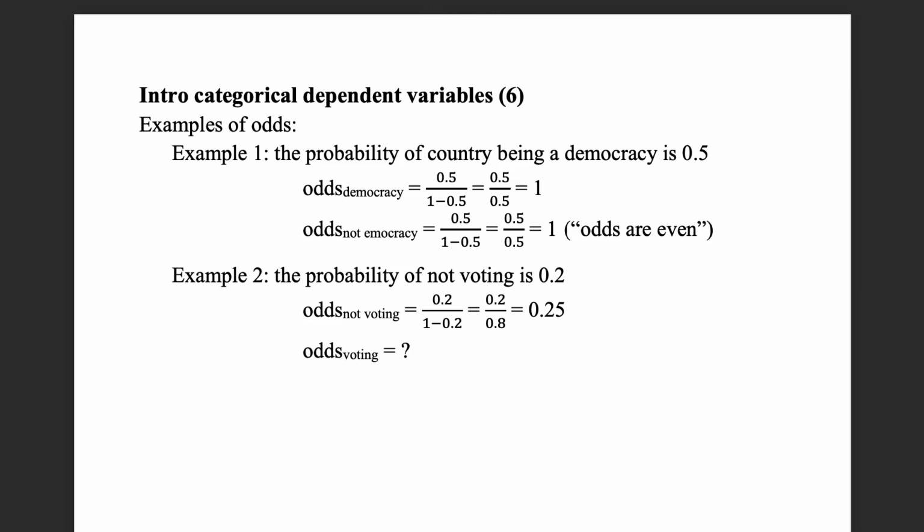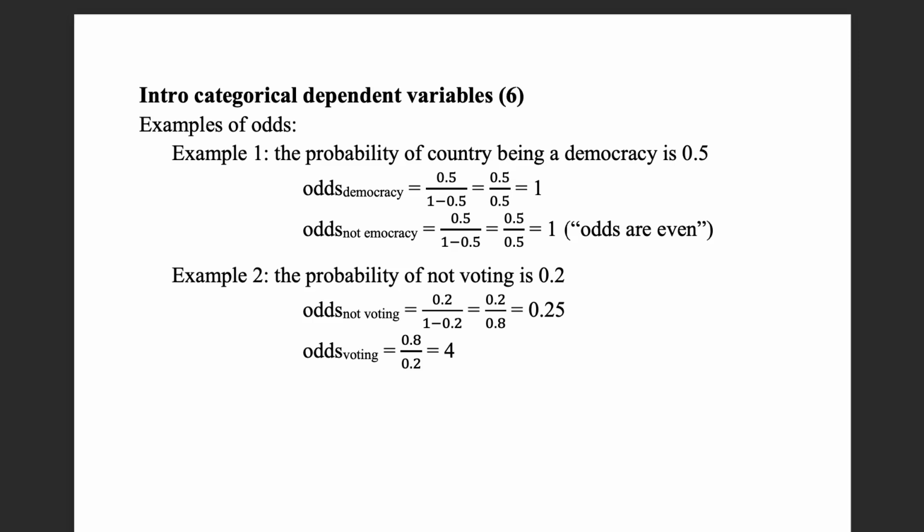What then, based on this information, that the probability of not voting is 0.2, would be the odds of yes voting, that people do vote? Again, pause, think for yourself first. Yeah, it's the other way around. If the probability of not voting is 0.2, then the probability of voting has to be 1 minus 0.2, which works out to 0.8.